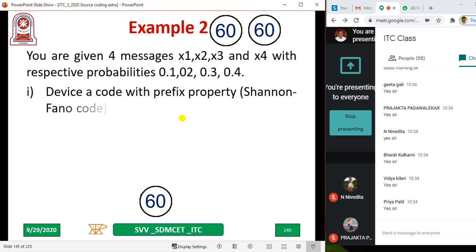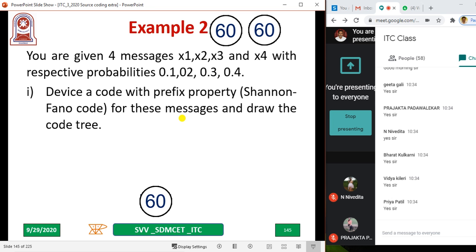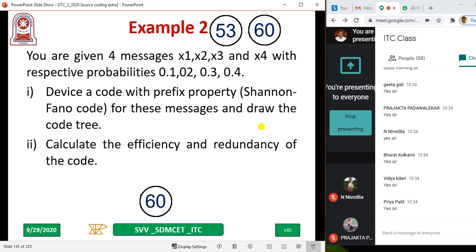Devise a code with a prefix property, or devise a Shannon-Fano code for these messages, and draw the code tree. Calculate the efficiency and redundancy of the code.